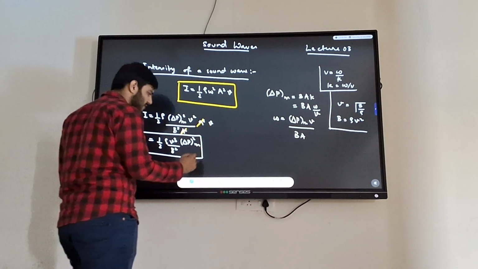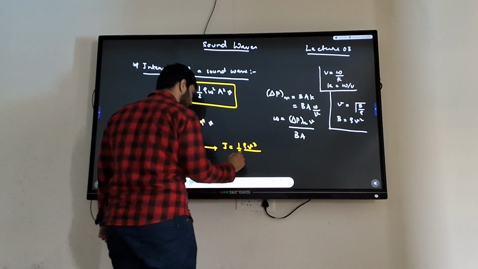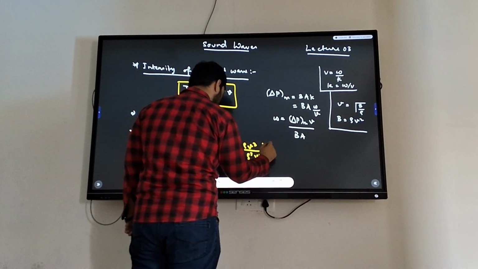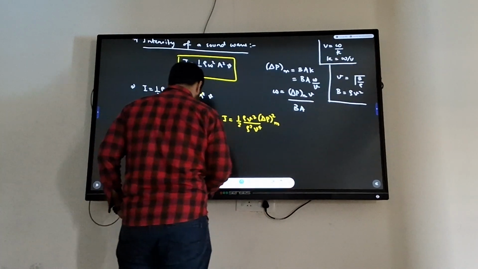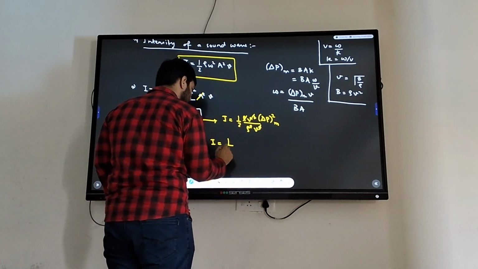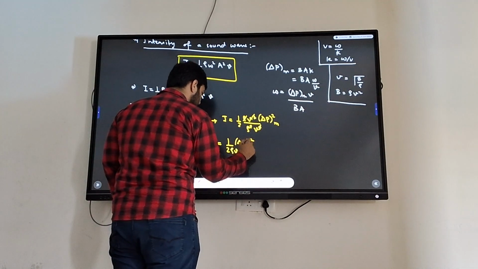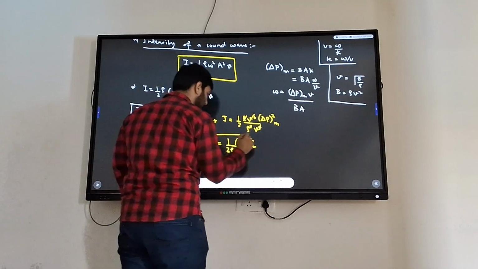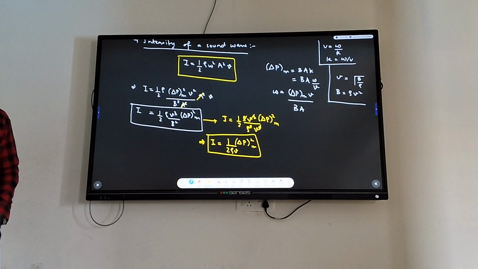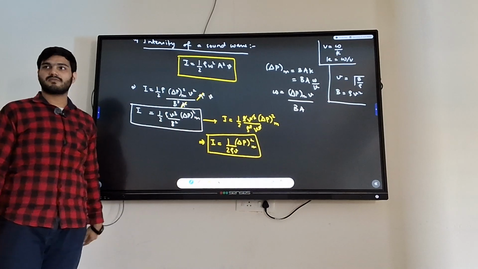So I can equally write one more thing, that intensity is half rho v cube by rho square v power 4 delta P max square, and then I will get a relation that intensity is half, I think this will get cancelled, 1 by 2 rho v delta P max square. So all these relations are equivalent to each other. You can play around and find anything based on the question that is given. If bulk modulus is not given, then you can apply this formula. If it is given, then you can apply this or the other, whatever.